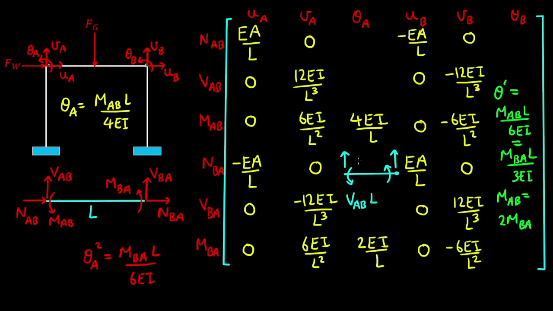So therefore the shear force is MAB plus MBA on L. So what we get is 4 plus 2 is 6EI on L on the moment arm. And the shear force at B is equal and opposite to the shear force at A. So let's get rid of this. So what we get is minus 6 EI on L squared. And there's no axial deformations in this case.